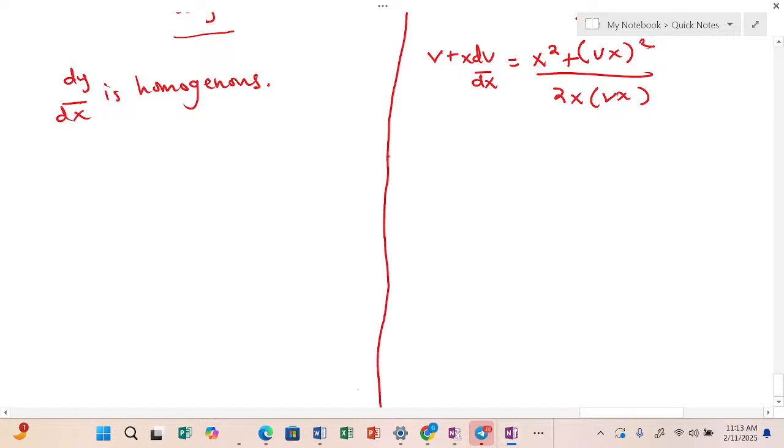So we come to this point where we have v plus x dv/dx is equal to x squared plus v squared x squared all over 2x times vx.